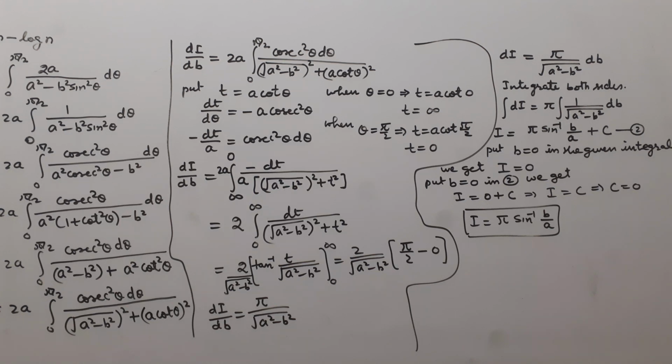A by a is equal to 1, and we know that log 1 is equal to 0. So if we put b is equal to 0 in the given integral, the value of I is equal to 0.